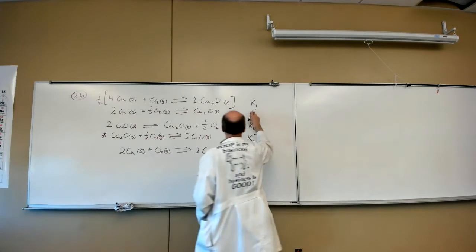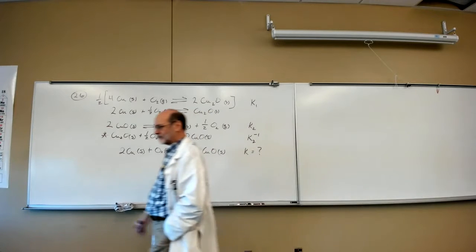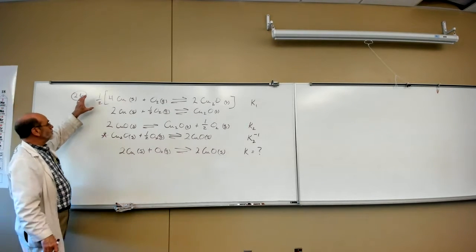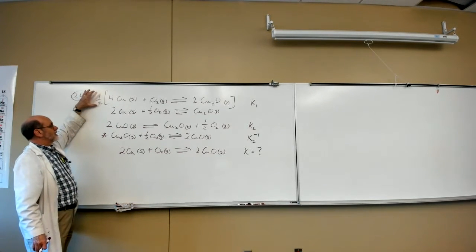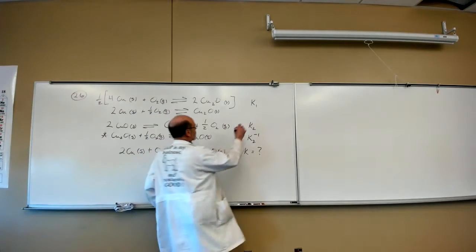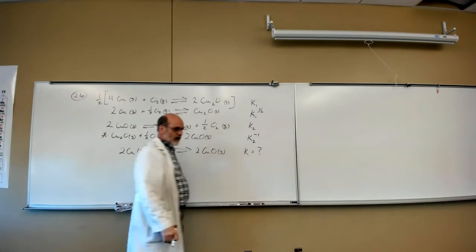What does that do to this one? There it is. Well, it just works out really well. If you divide through by 2, or you take a half of this one, then that changes this K to a half.